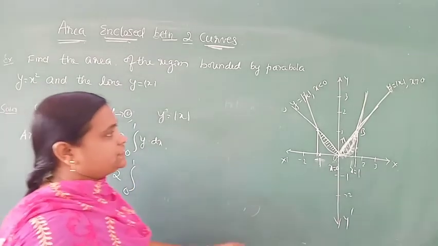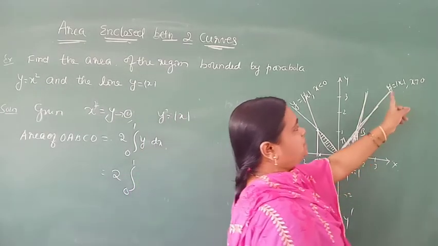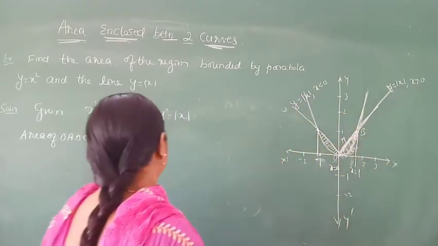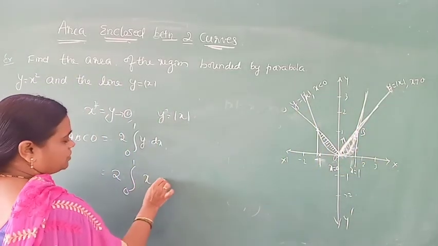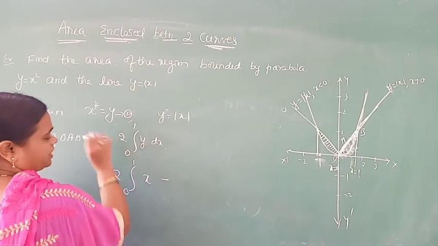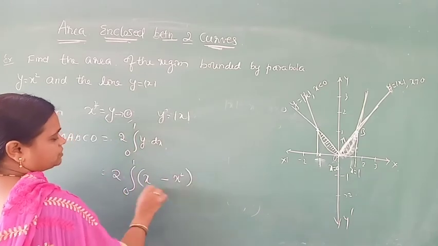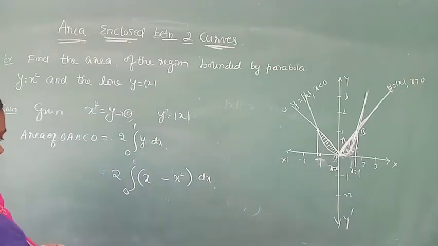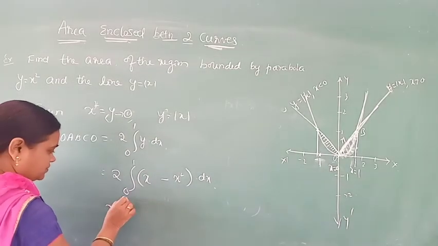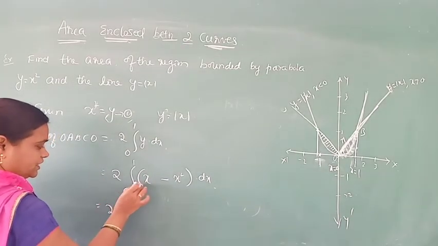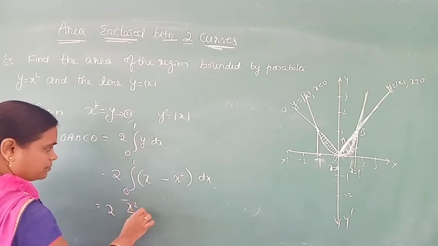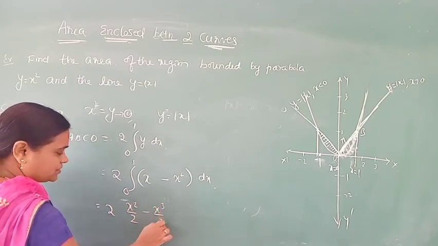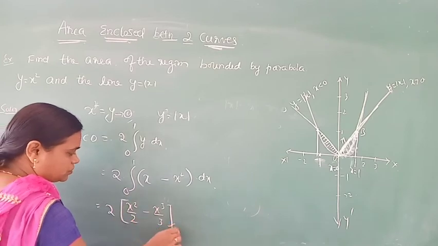Here, in this area, the straight line is positive. Therefore, I will take x, minus the parabola, whose area is x square. x minus x square dx. Next, it is 2 times integration of x square by 2 minus x cube by 3, between the limits 0 to 1.